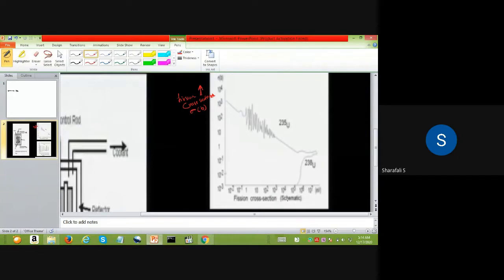Here in the x-axis we have the kinetic energy of the neutrons. You can simply write the energy of the incoming neutrons.